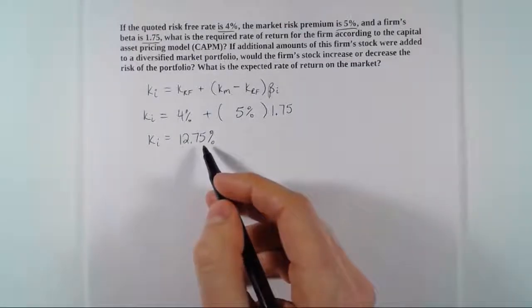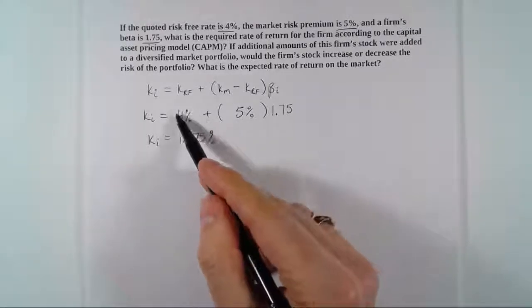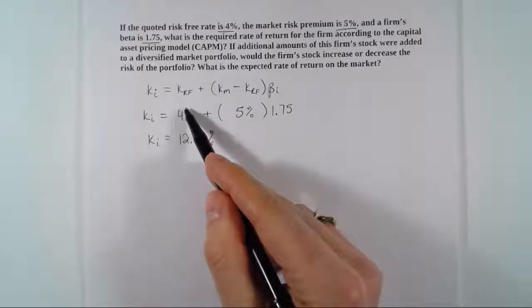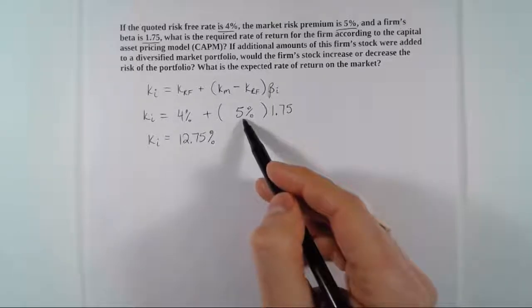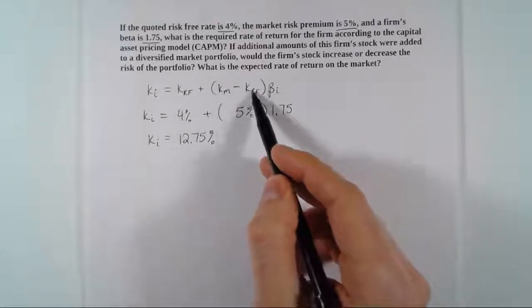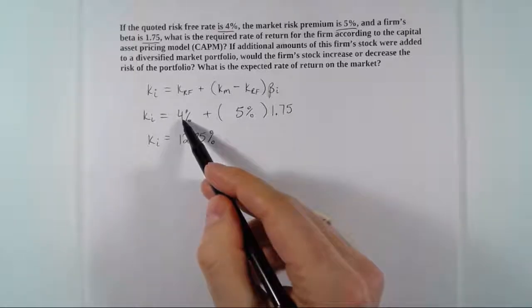Now, one little note is worth making here, and that is, note that I use the numbers here in percentage format. You can do that with this formula as long as you are consistent with using them in percentage format for each of these three numbers, the KRF, the Km, and then of course the KRF that shows up here. The other way to do this would be to put these in decimal form.